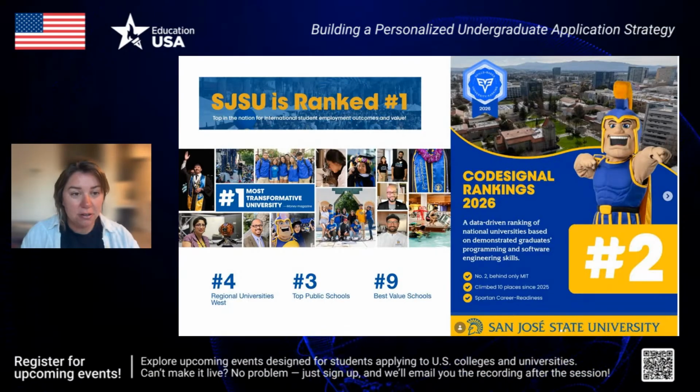And actually, the cost of living is higher than the tuition. So yeah, there's nothing really we can do about the cost of living. Yeah, I'm feeling that too. But knowing that you're making that investment in your future is very good. They always talk about what's the return on investment, and yeah, we're ranked number 1 for most transformative university.